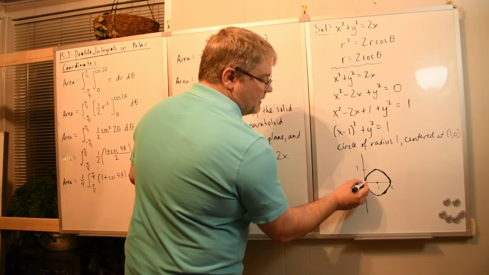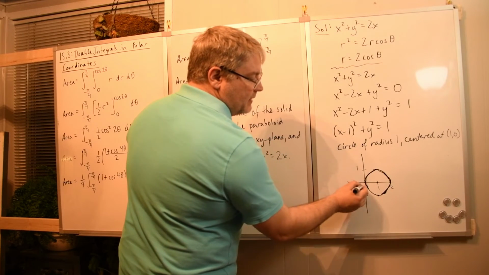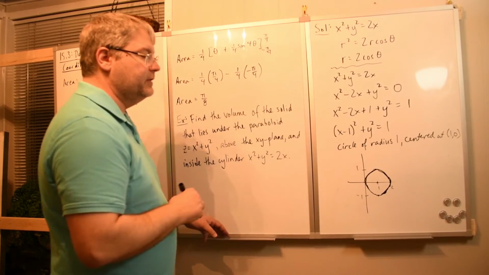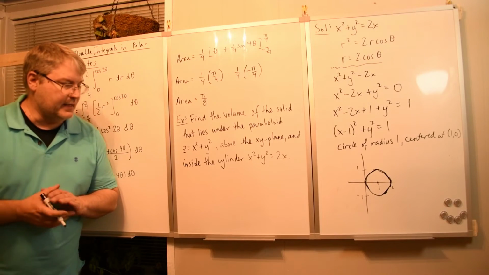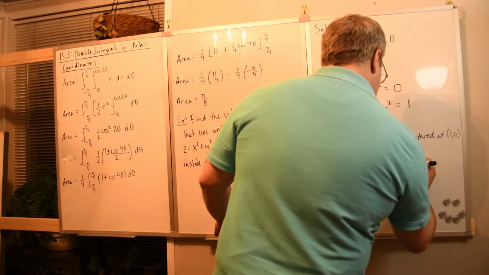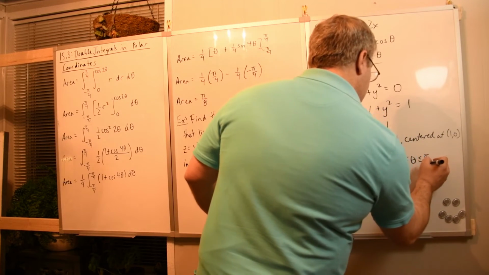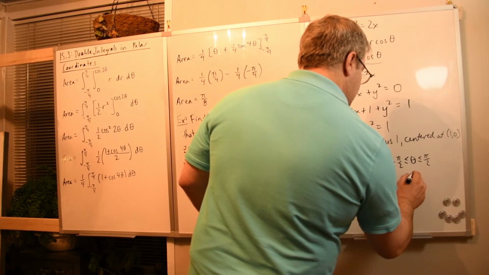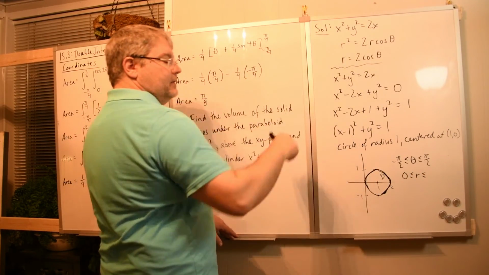As we trace out, take a look at these different radial lines that we would get going from negative pi over 2 all the way around to positive pi over 2. You're going to trace out that circle exactly once. So that's going to give us bounds on theta. We think about this as our region D. We'll have theta bounded by negative pi over 2 and positive pi over 2, and r is going to be bounded by 0 and, you guessed it, 2 cosine theta.